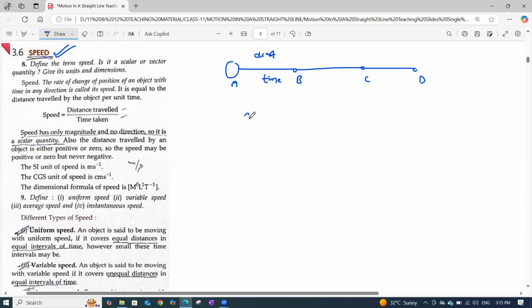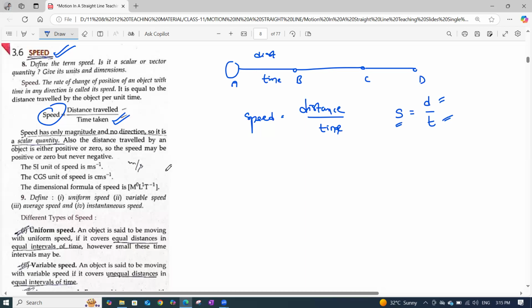So speed is nothing but distance traveled by a body in certain time. Distance traveled by the body upon time taken, that is speed. That is the formula we are using, and as a shortcut you can write S = D/T. S stands for speed, D stands for distance, T stands for time.